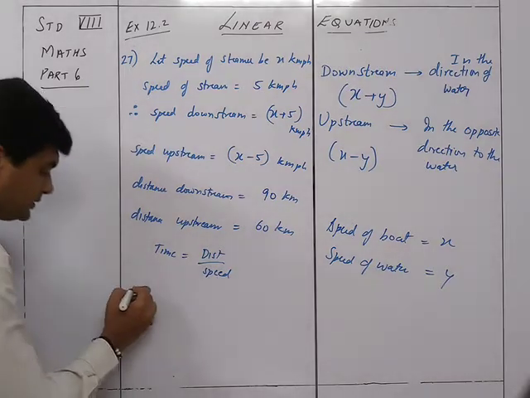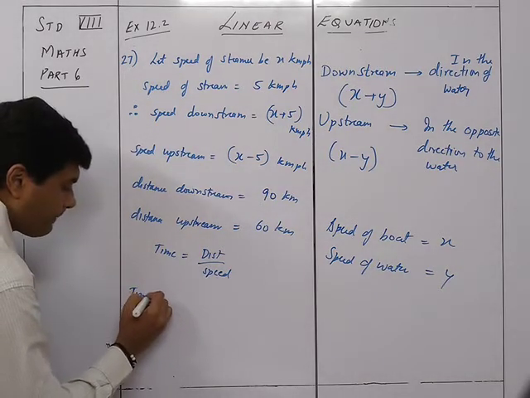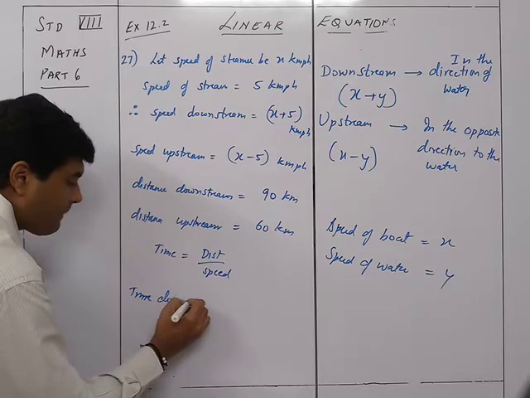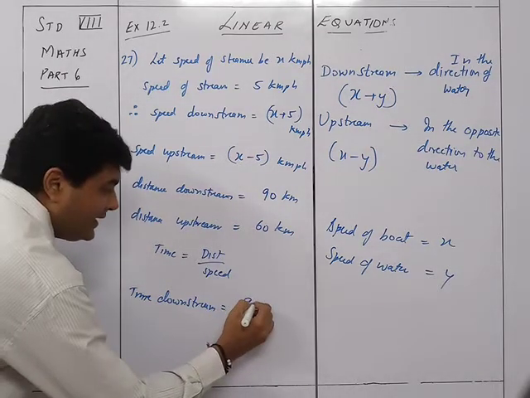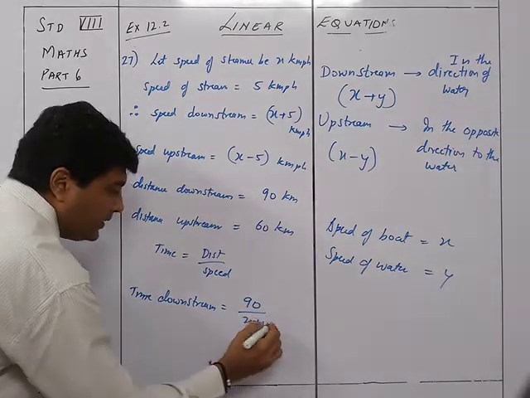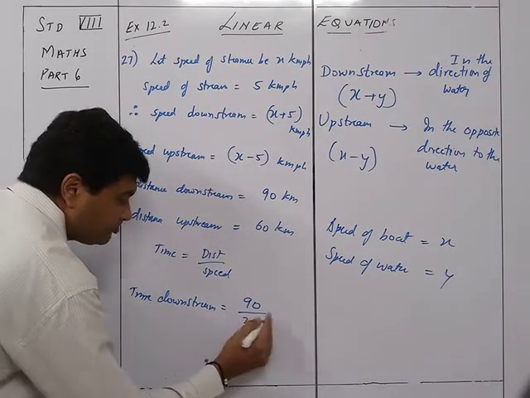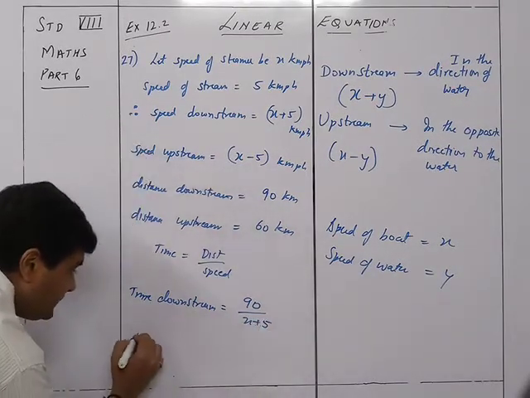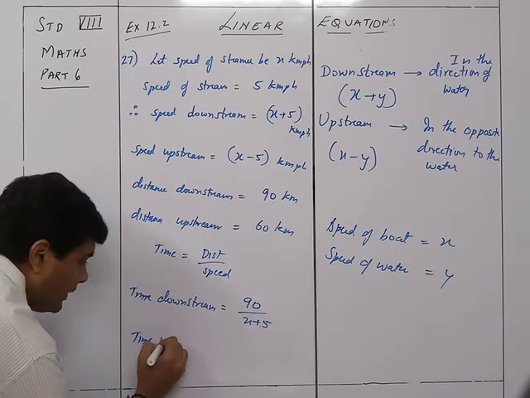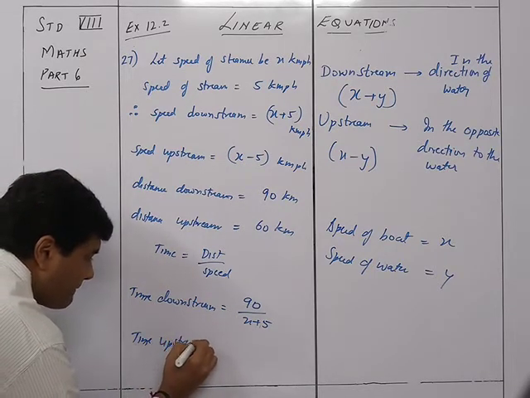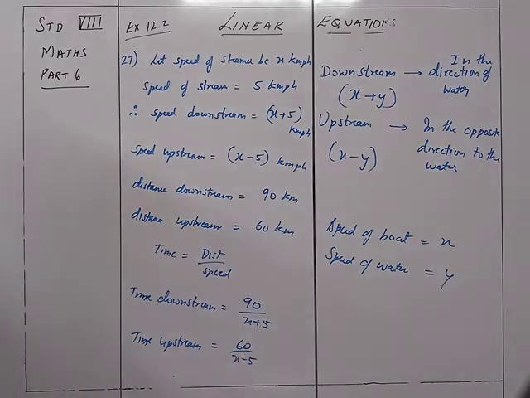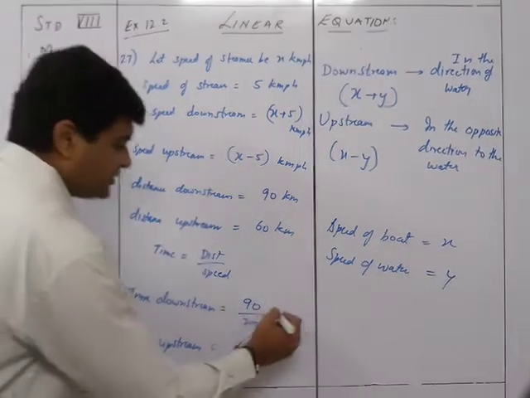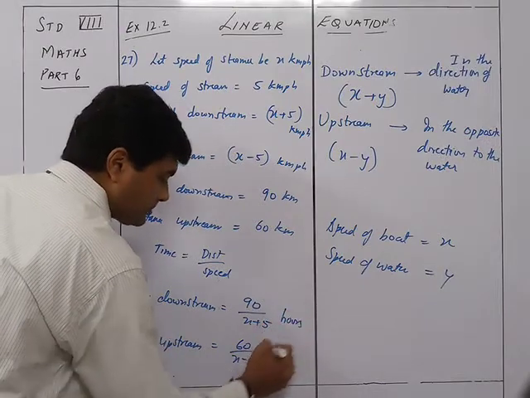So the time downstream is equal to 90 upon x plus 5, and time upstream is equal to 60 upon x minus 5. Of course, this will be in hours.